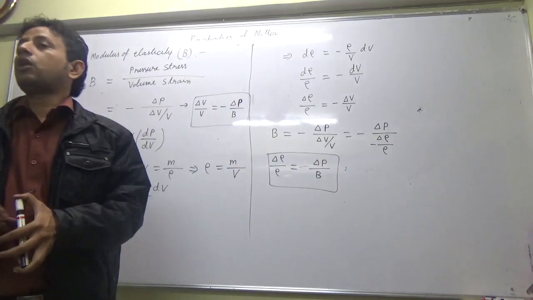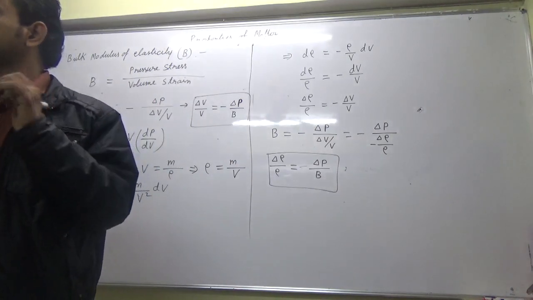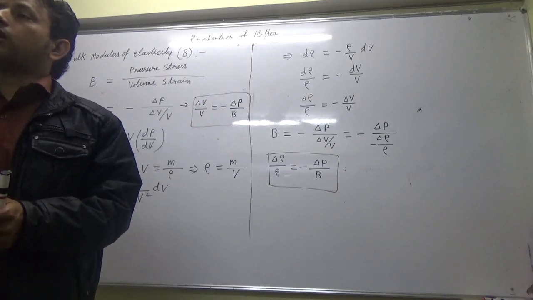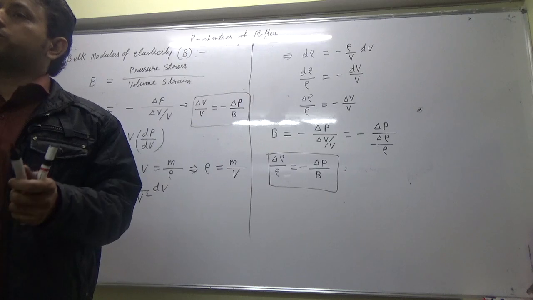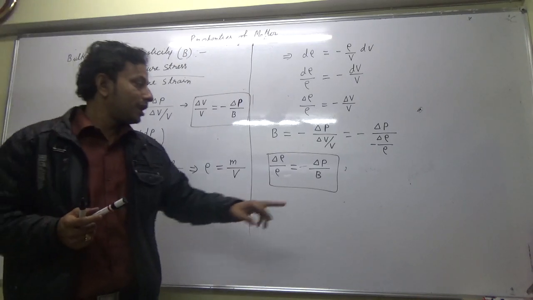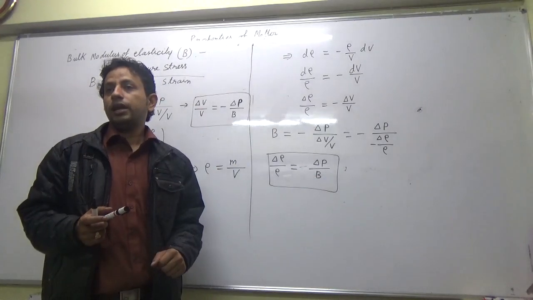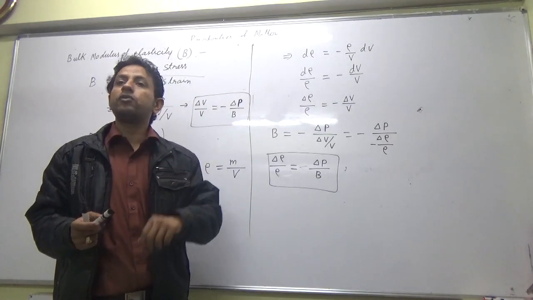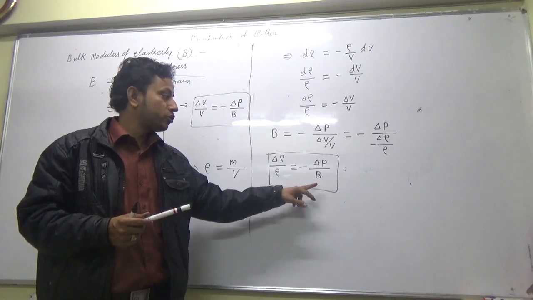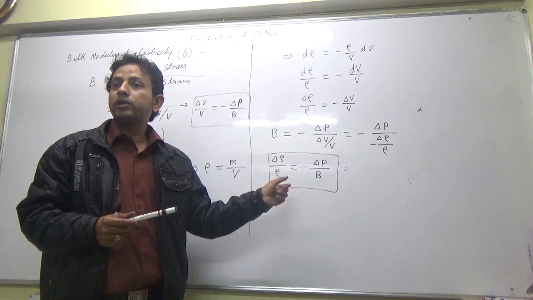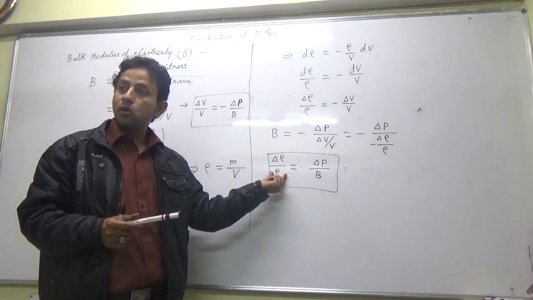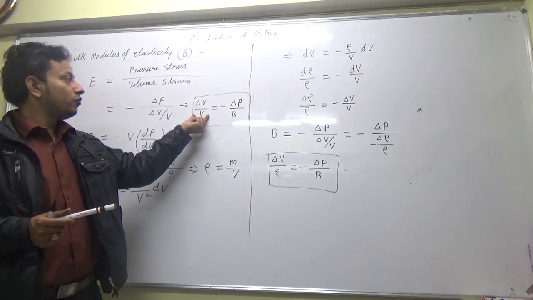What is bulk modulus? How do you understand by bulk modulus? The modulus of elasticity is what? The tendency or the strength of restoring force which a material develops. So if bulk modulus is large, it means it can develop a large amount of restoring force by applying the pressure. Therefore it will get compressed by a small amount. So change in density will be small, or similarly change in volume will be small.